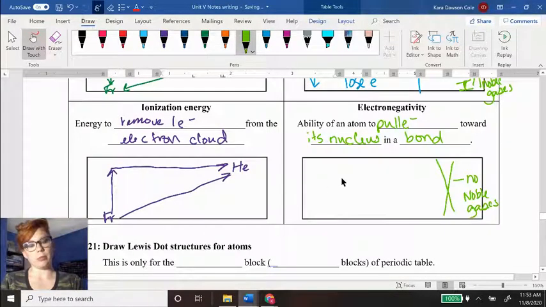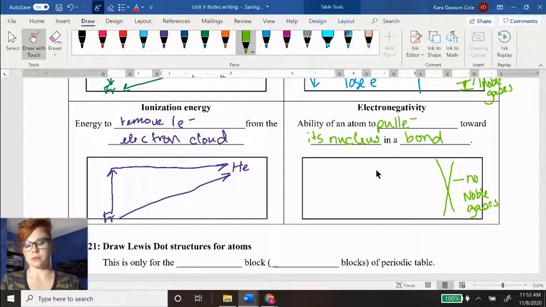Electronegativity, this is the ability of an atom to pull an electron toward its nucleus in a bond. So electronegativity and ionization energy have the exact same shape, right? So we're going to have an increase of electronegativity going up the column and an increase going across the row.